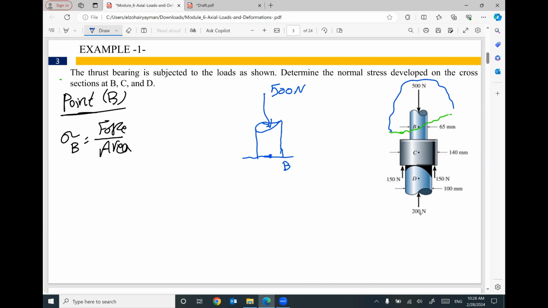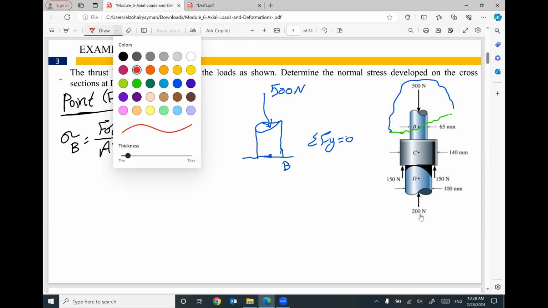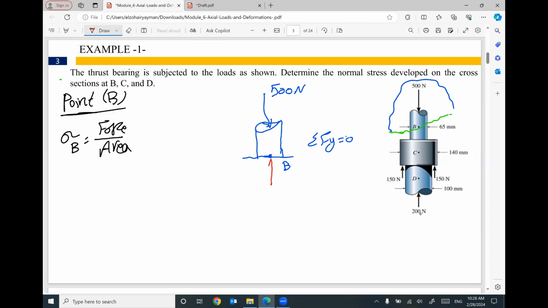To make equilibrium and to apply summation of F_y equals 0, we must have another force at this cut, also equal to 500 Newton, to make sure we have equilibrium from engineering mechanics.